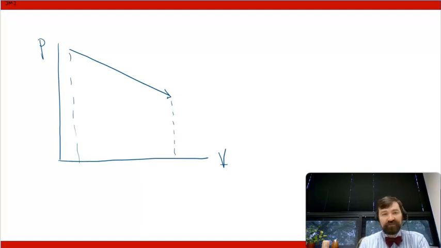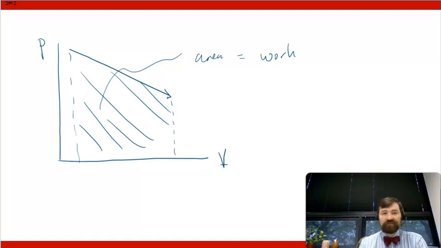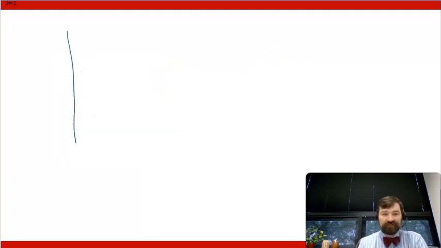Well, to do that, once again, you find the area. So area equals work. And this even works, no pun intended, if instead of having something nice like this, essentially a rectangle and triangle, you have something curvy.